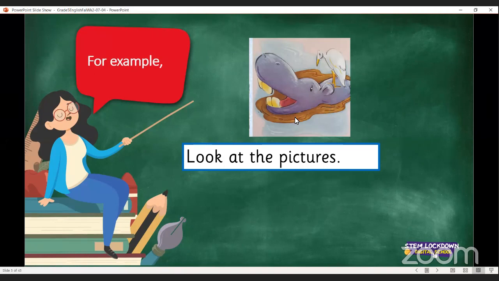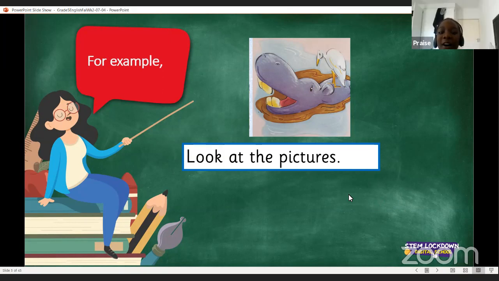Can you all see that picture nicely? I would like someone to tell me exactly what they see in that picture. Would someone like to answer? Just go to the chat or put your hand up. There we go, Praise. I see a hippo and a bird.